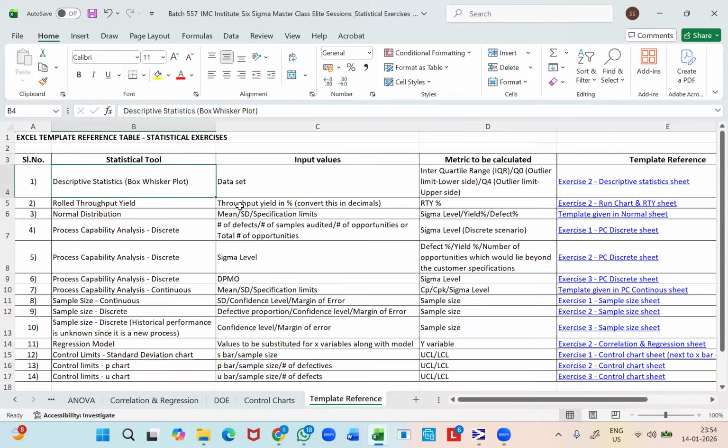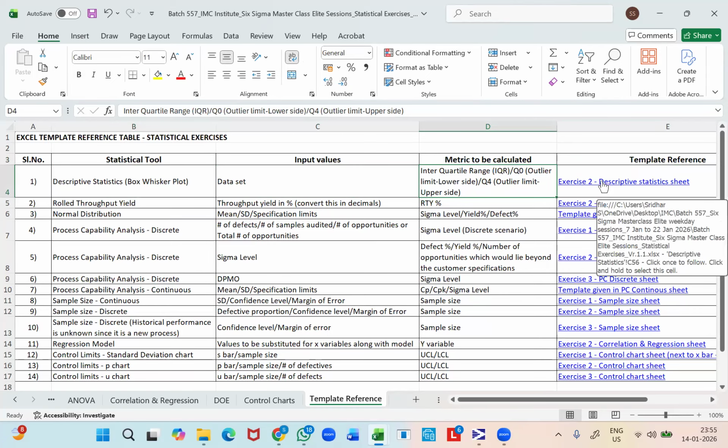Say if it is a descriptive statistics calculation and you are provided with some data set and you are asked to calculate either the IQR value or the Q0 and Q4 values, the outlier limit on the lower side or the outlier limit on the upper side. So we need to use this template that is given here.